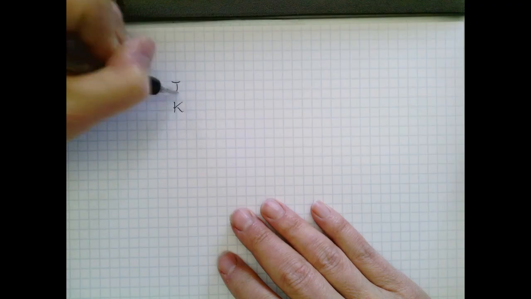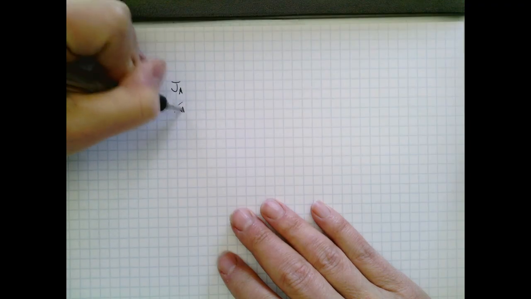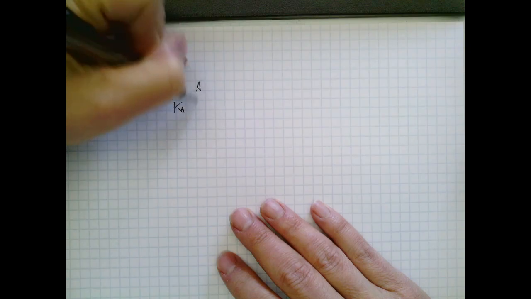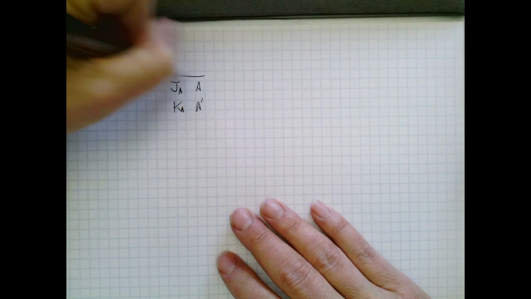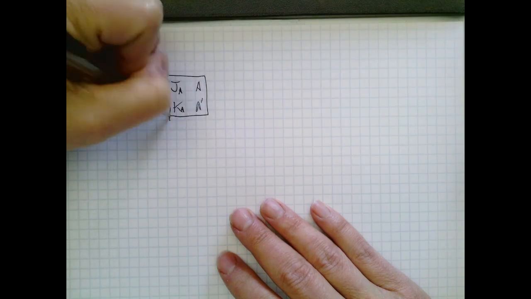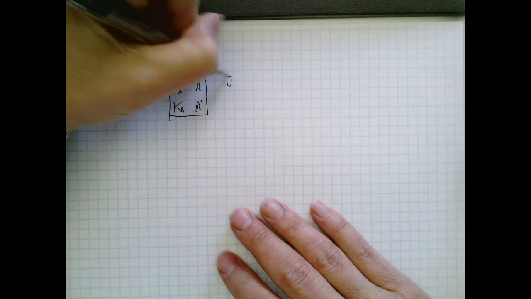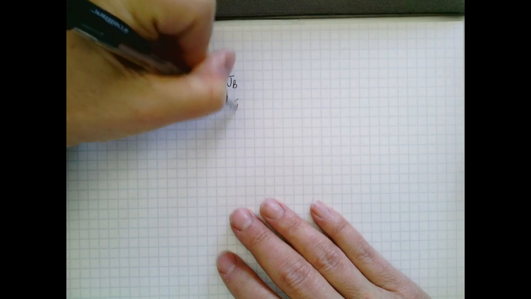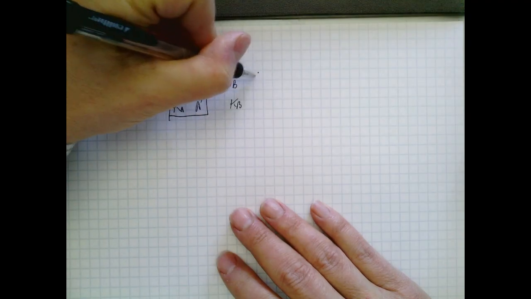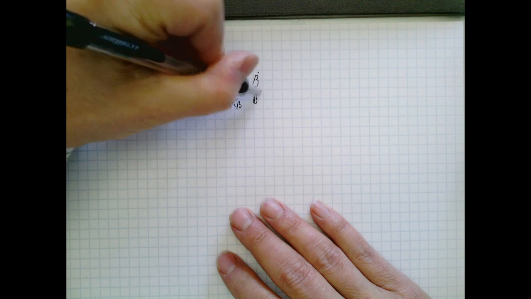J, K, and we'll make this the A flip-flop, which will output A and A prime. And then we'll get another flip-flop, JB, KB, and outputs B and B prime.